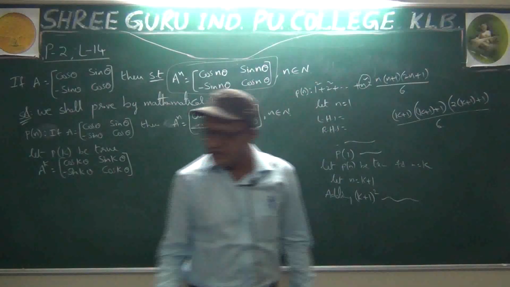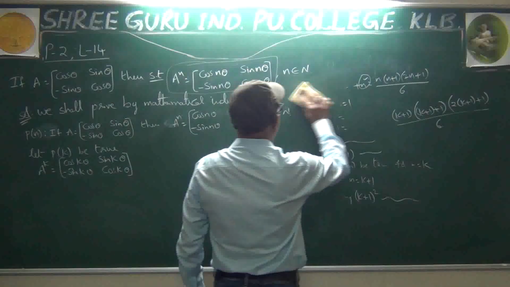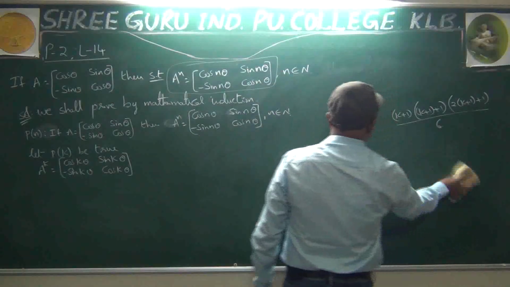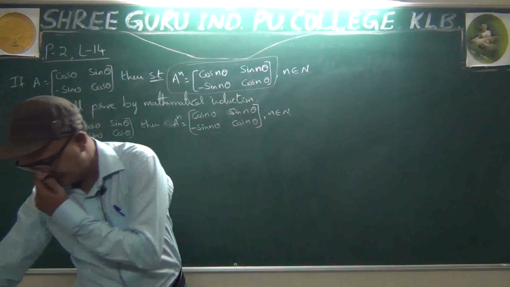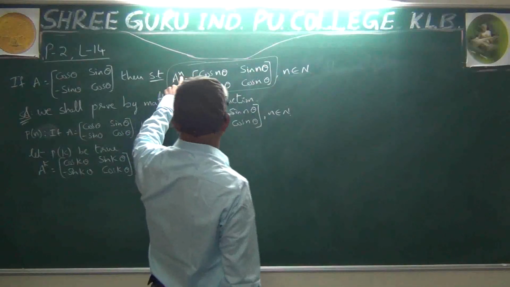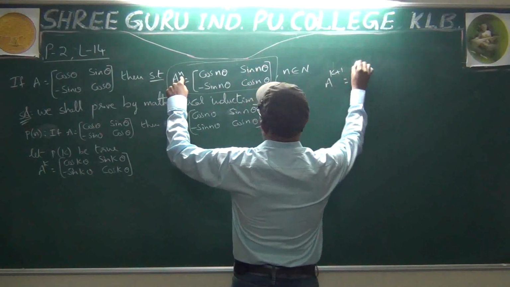Right? Here also, the final step is in place of n, put k plus 1. That we should get. This is our final step.